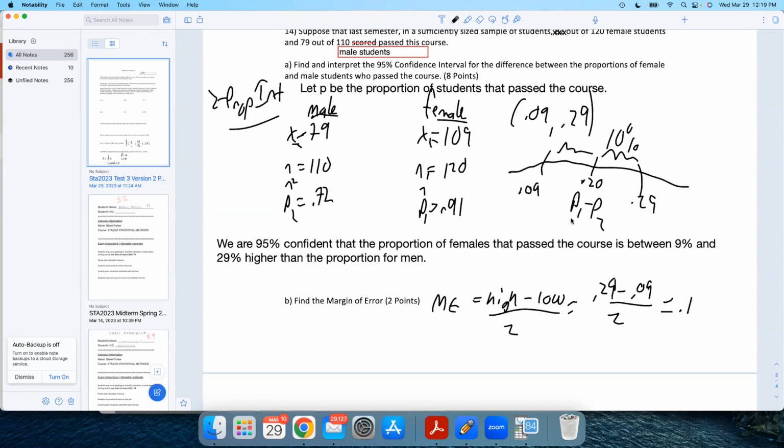That's what the margin of error is. So your observed difference will always be smack dab in the middle of this interval. And the margin of error is the distance you went above and below that. And we rounded these numbers, so everything's a little rounded here.